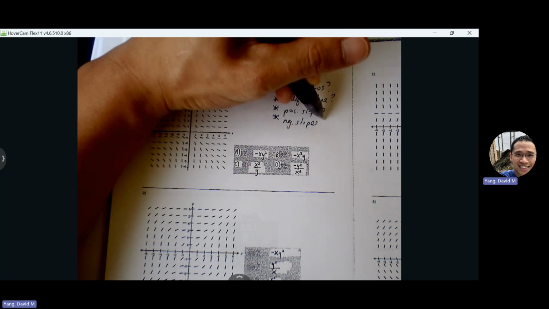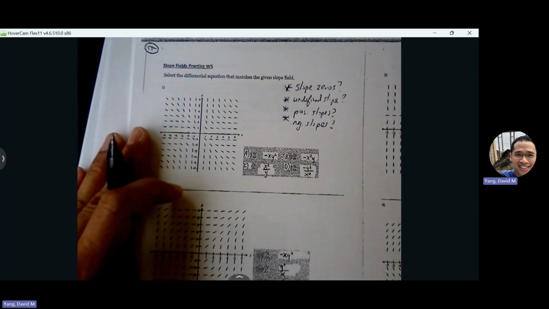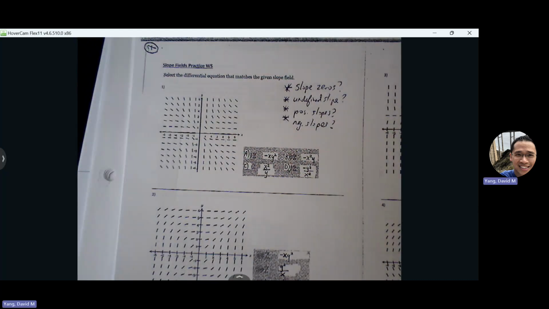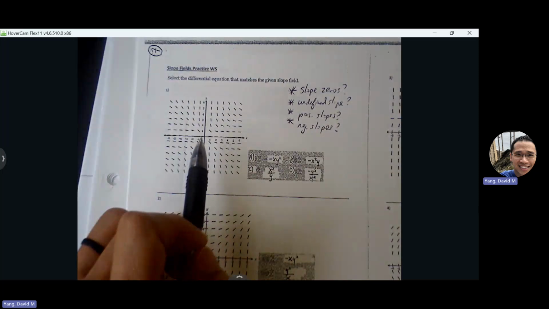We may not find everything, but if we can make some general observations about what is true about our slope field, then we can eliminate the wrong ones that don't fit those characteristics. So one thing that I see is that we do experience slope undefined on the y-axis. We don't see any tick marks there. So that means that when x equals 0, slope should be undefined.